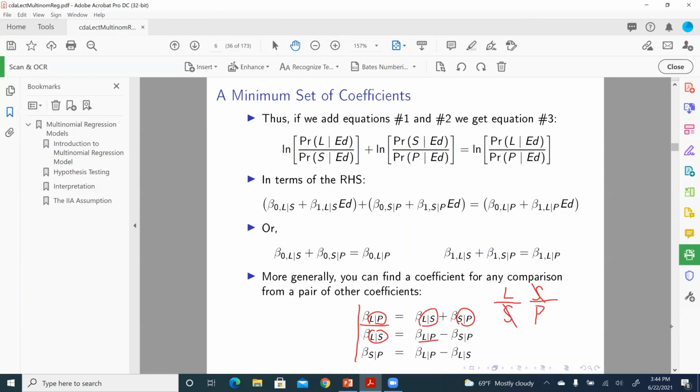Well, for these two it is L over P. And subtraction for log turns into what? Division. So it becomes P over S. Again, when we cancel out, it becomes L over P. Same thing for the last equation. These relationships hold when I talk about the same covariates from multinomial logit models.